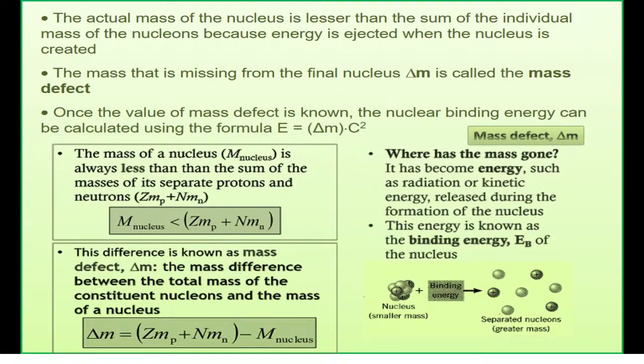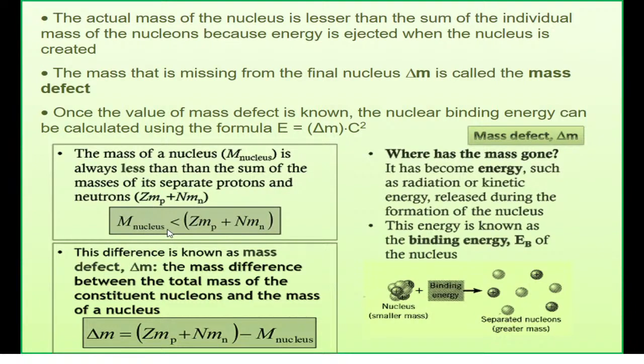When we calculate the free nucleons' mass, the sum of the nucleon masses, and compare it with the nucleus mass, we can find what is named the mass defect.